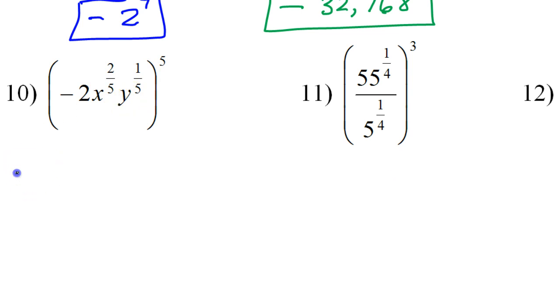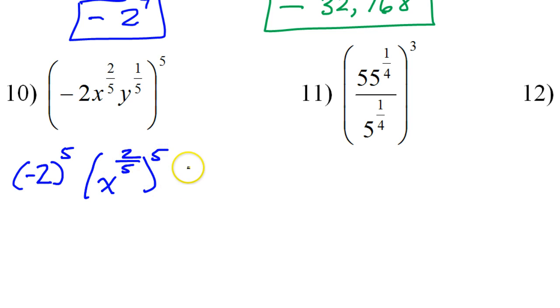So basically, you see the -2, right? So I'm going to do -2 to the 5th power, including the negative sign, alright? But I'm also going to do x to the 2/5 power to the 5th power, and I'm also going to do y to the 1/5 power to the 5th power.